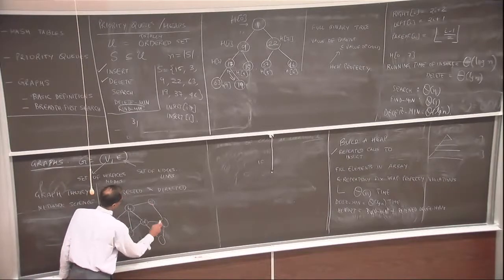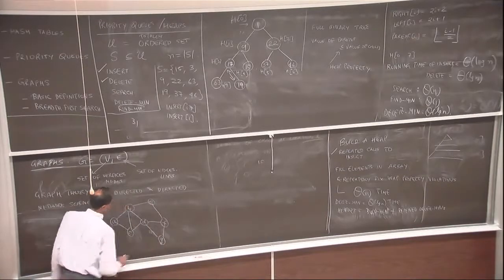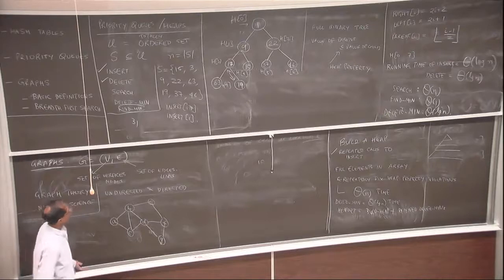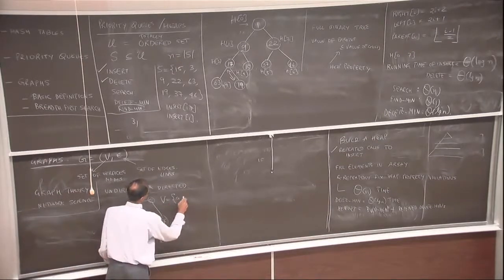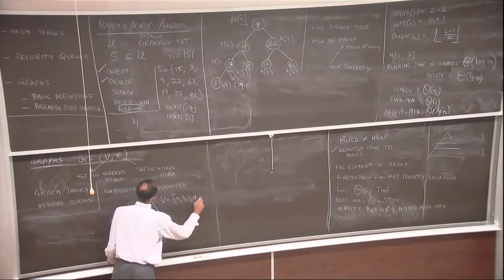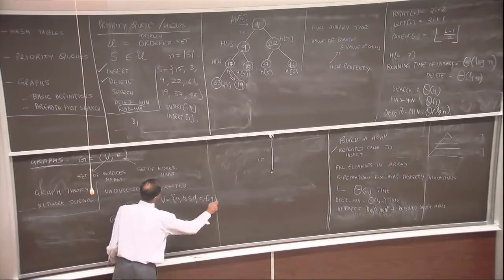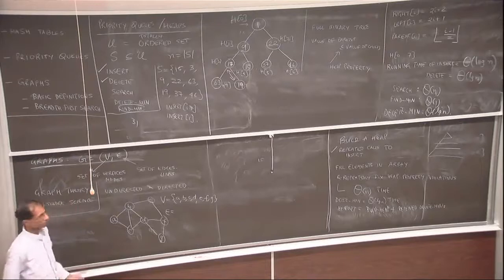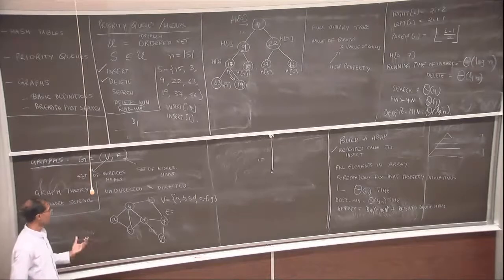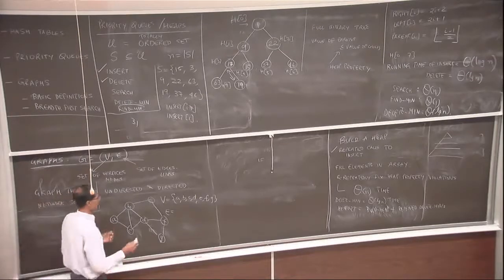These are names of the vertices, so the set V is A through G. And the set E is the set of edges, which we will often write as pairs.